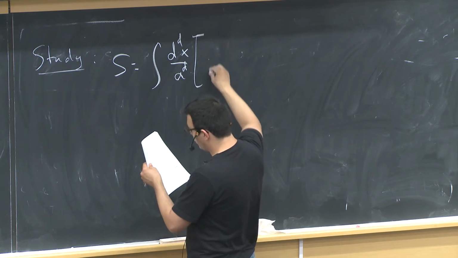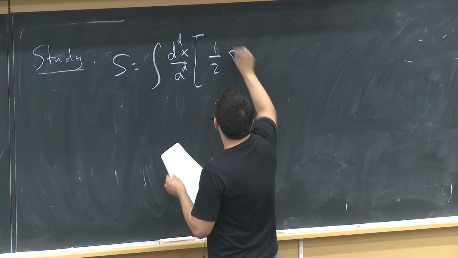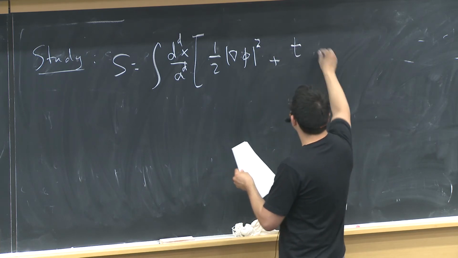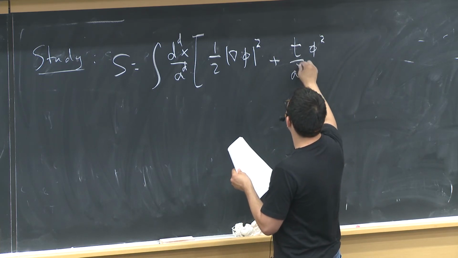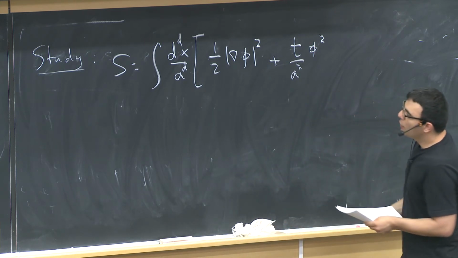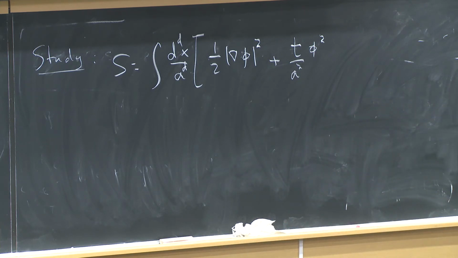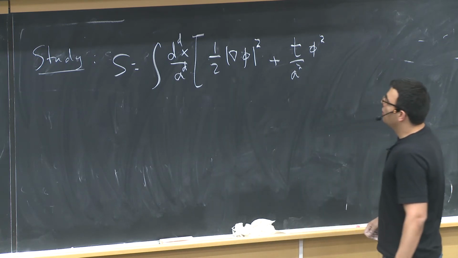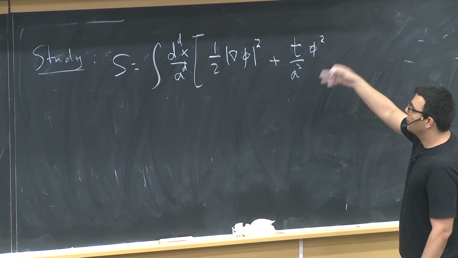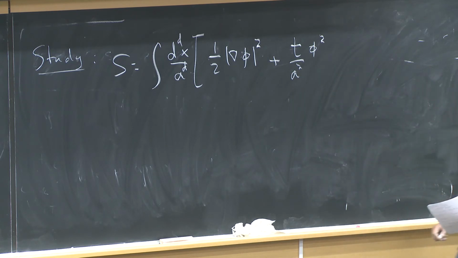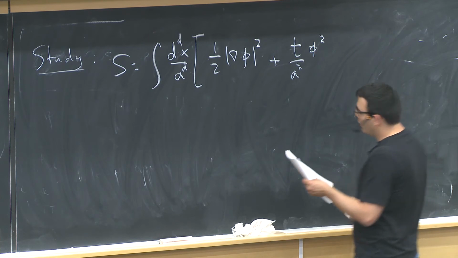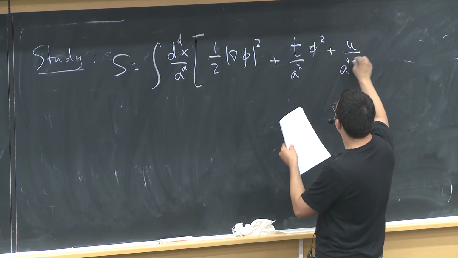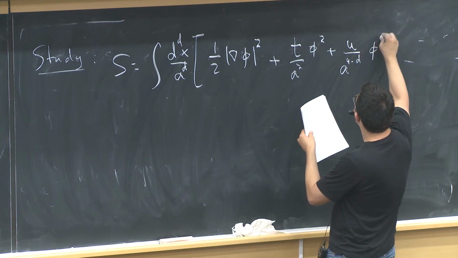I'm going to write the kinetic term 1/2 gradient of phi squared, plus t over a squared times phi squared, plus u over a to the 4 minus d, sorry, d minus 2 here, times phi to the 4th.